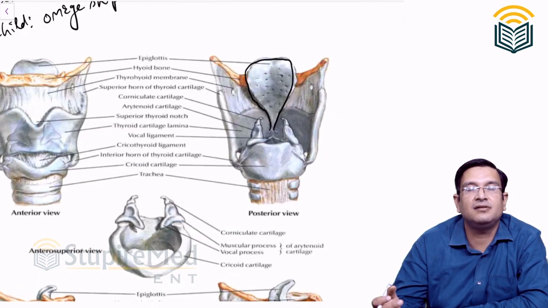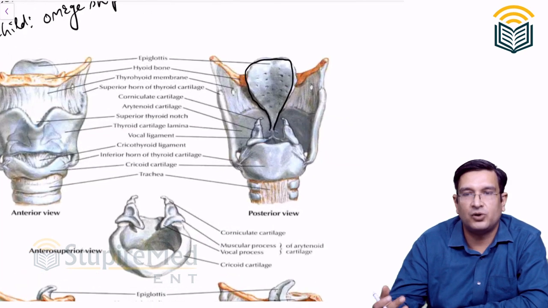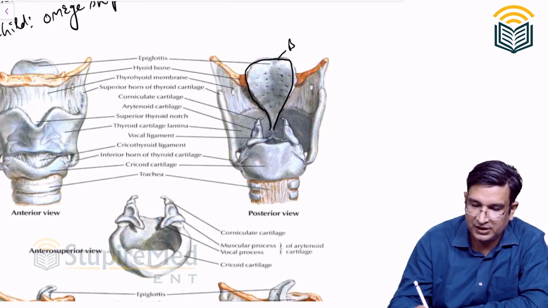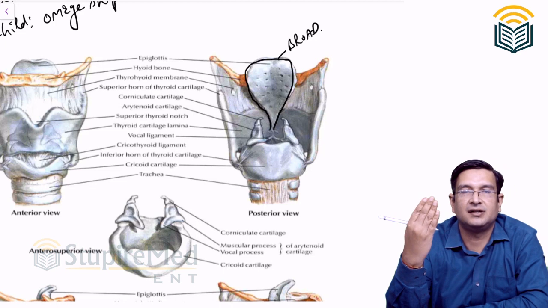If you see this epiglottis, the upper part of the epiglottis is broad in shape, and it's near to the tongue.